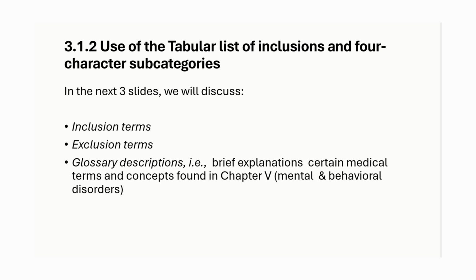In the next 3 slides, we'll discuss 3 main areas, that is, inclusion terms, exclusion terms, and the glossary descriptions, which describe certain medical terms and concepts. This is especially so in Chapter 5 on mental and behavioral disorders.